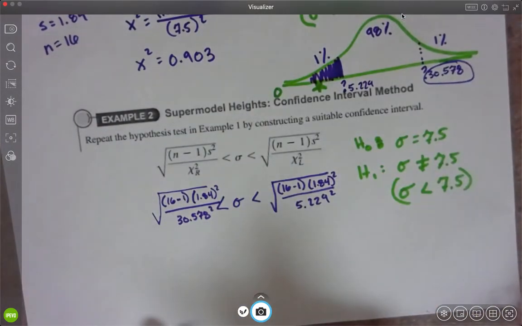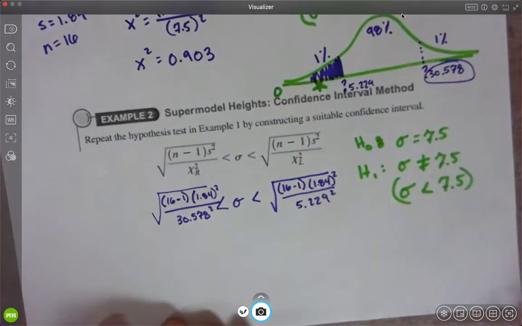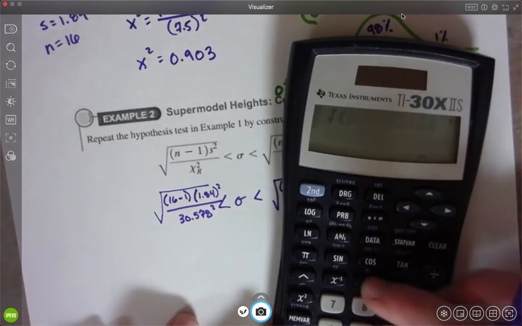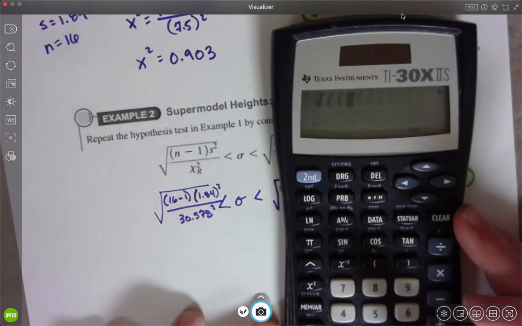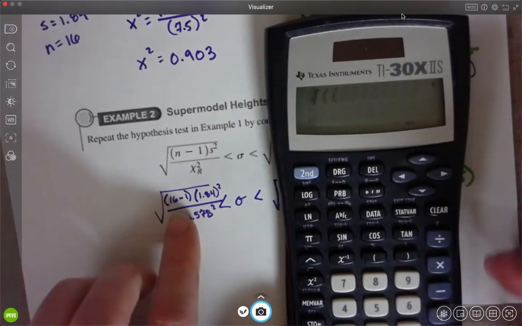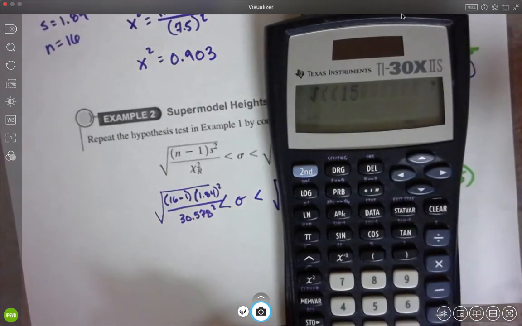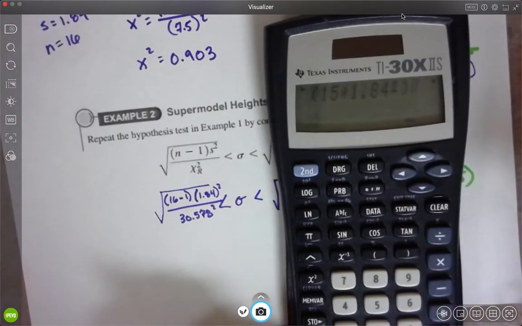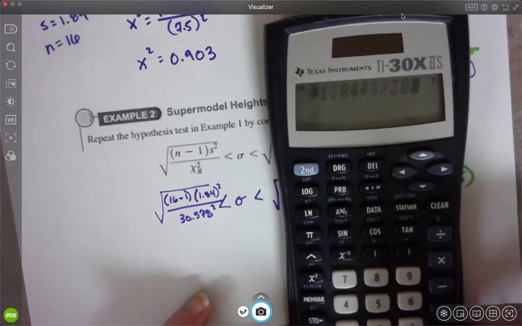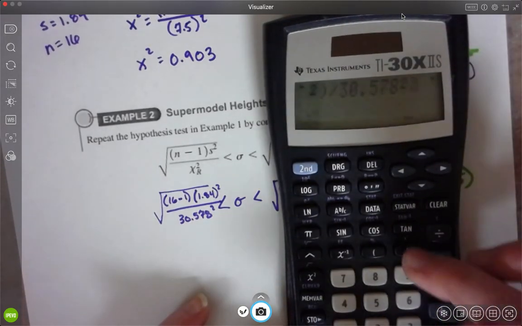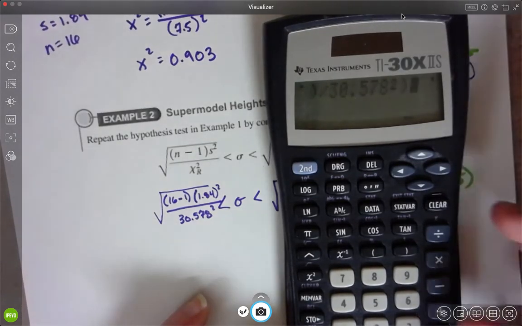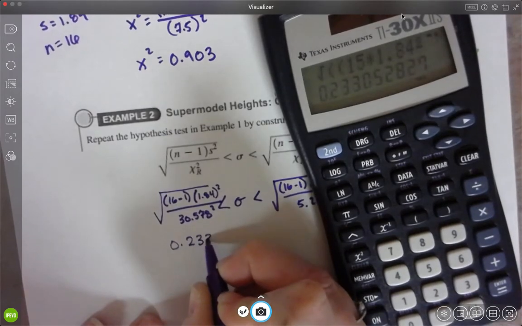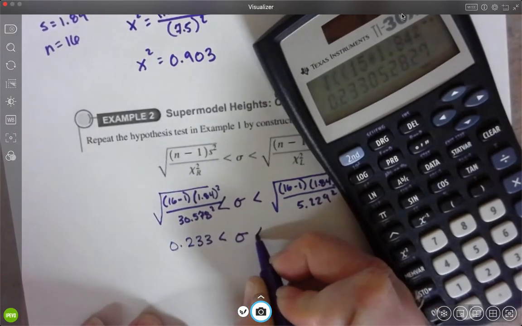Okay, so for that first side, take the square root, and make sure you put in lots and lots of parentheses and do some stuff in your head if you can. So 16 minus 1 is 15, times 1.84 squared, that's my top number, divided by 30.578. And my final parenthesis, and I get 0.233 is less than this guy, which is less than the other number.